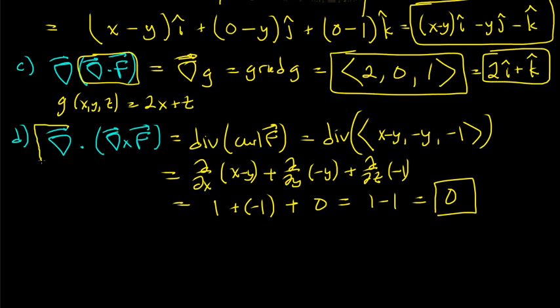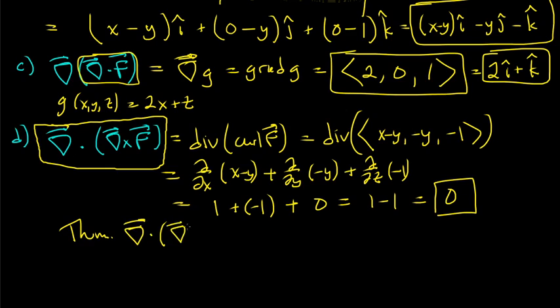But it turns out that anytime you take the divergence of the curl of any vector field, you will always get 0. In fact, this was a theorem. I don't know if I proved it or not. Back in 15.1, I believe. It was somewhere in chapter 15, I think. Yep. The divergence of the curl of any vector field is just 0.